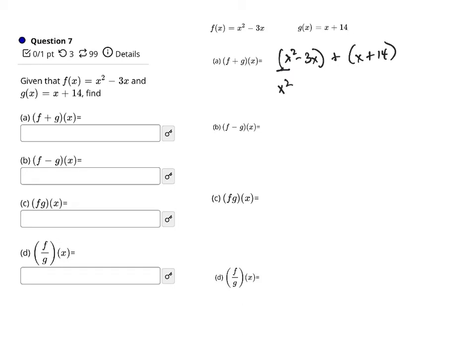Then we have a minus 3x and a plus x. So that would combine to give us a negative 2x. And then finally we have a plus 14 on the end. So there is our answer. X squared minus 2x plus 14.